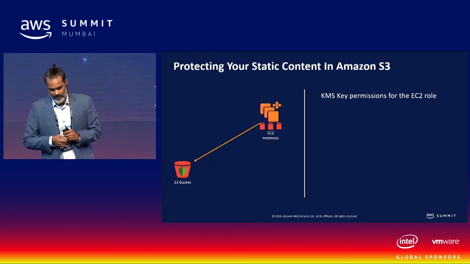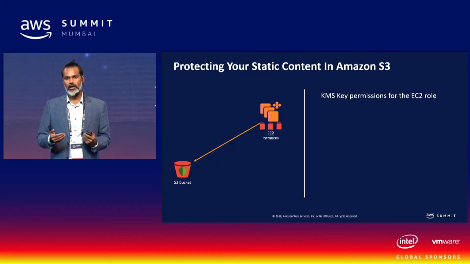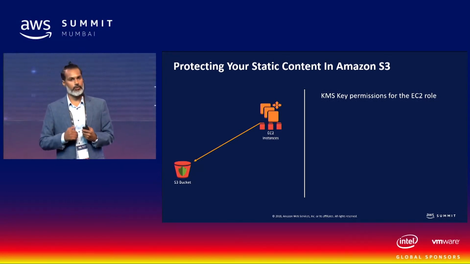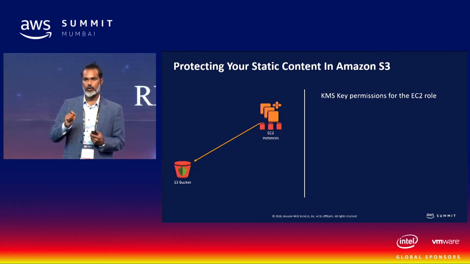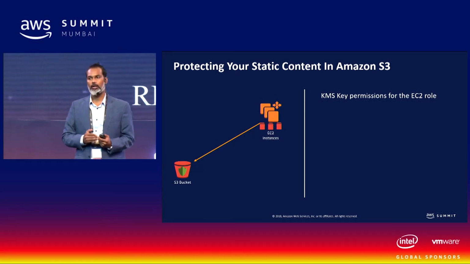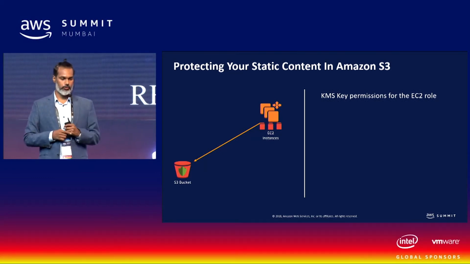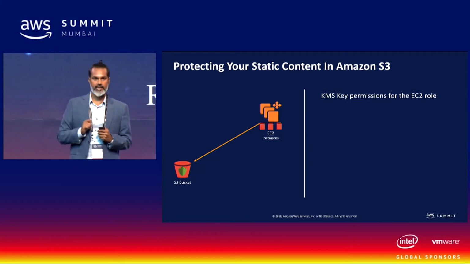Now, apart from just encrypting the data, it's also important what kind of permissions we are putting in. So KMS does integrate with IAM, where you can have granular control and define who can actually encrypt or decrypt the data, who has the permission to call KMS. Consider this. There's an EC2 which is running the application, and that application requires permission to encrypt and decrypt the data.